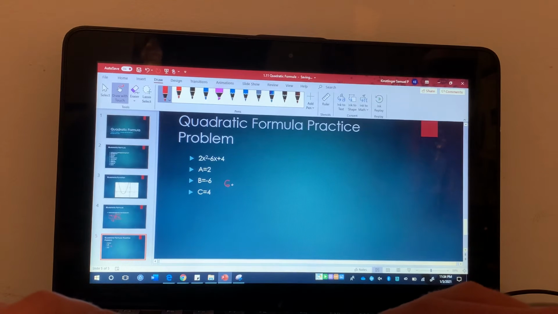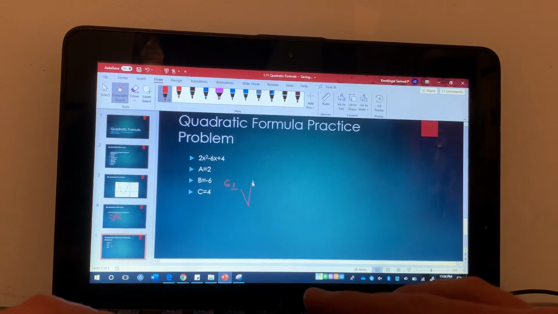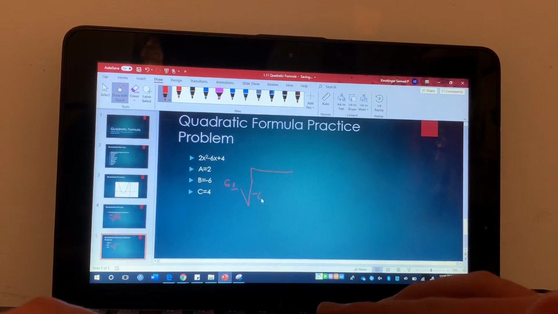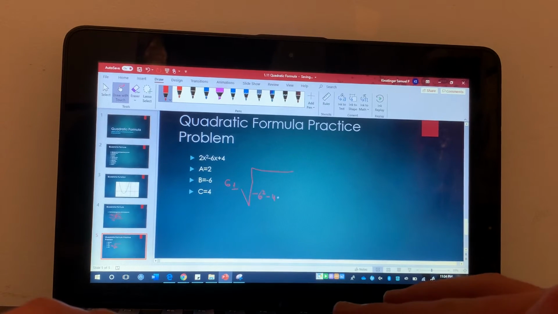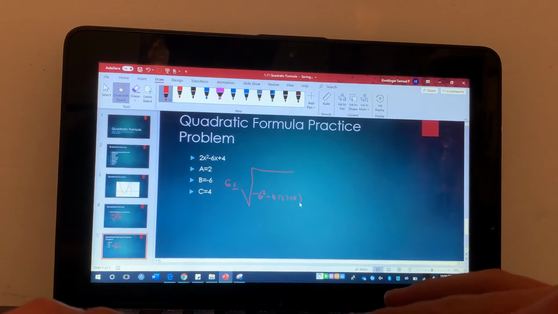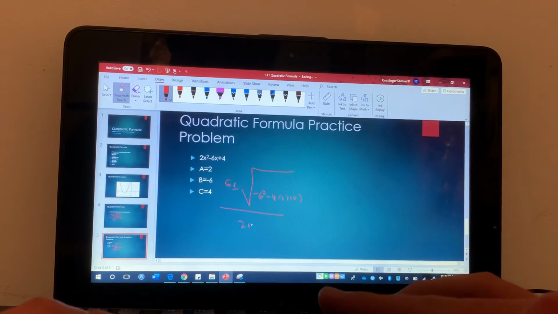So 6 plus or minus the square root of negative 6 squared minus 4 times 2 times 4, over 2 times 2.